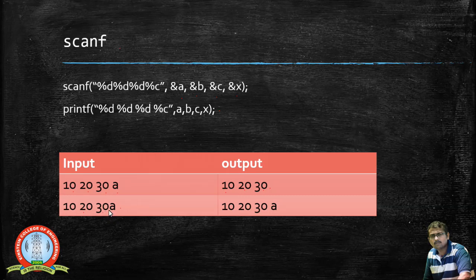Suppose you give a space, then the space will be stored as a character in x. Since you are not giving a space here, in the output you will get 10, 20, 30 and A. So this seems very simple, but a small variation makes this program a little bit interesting.